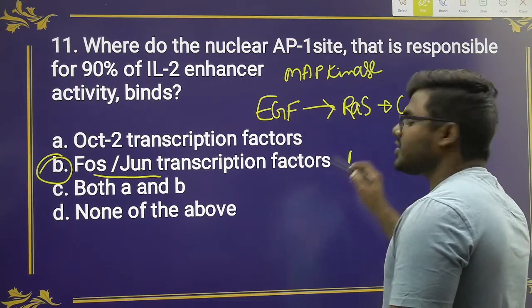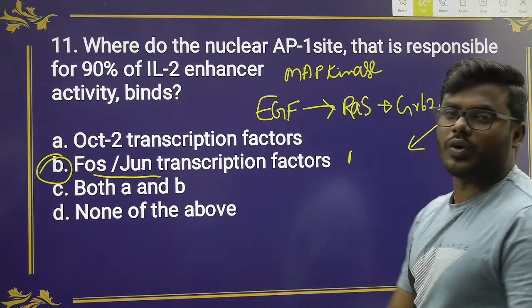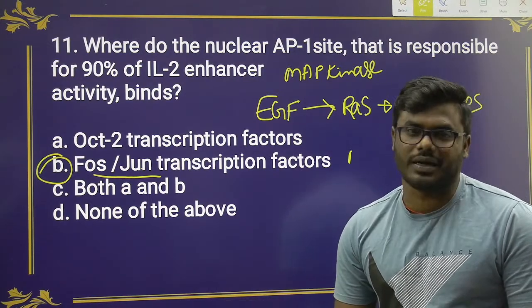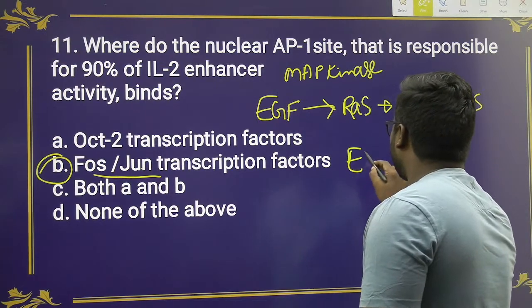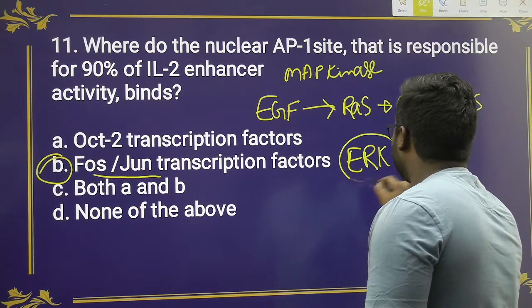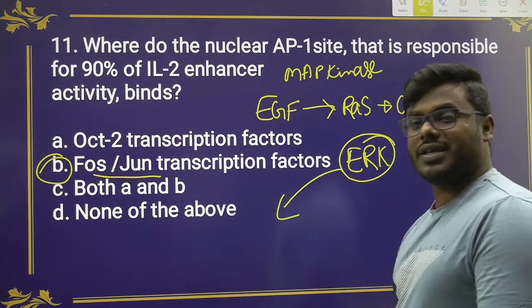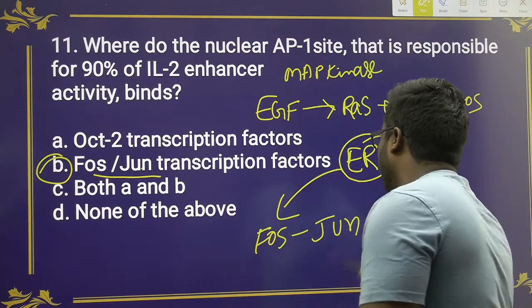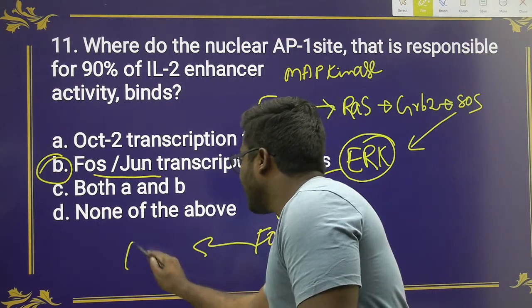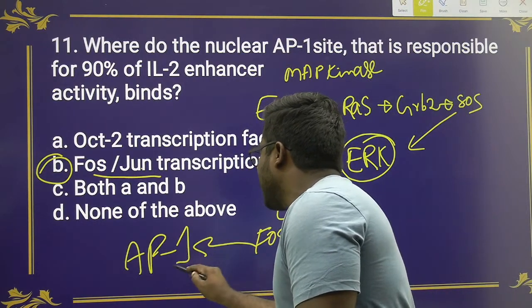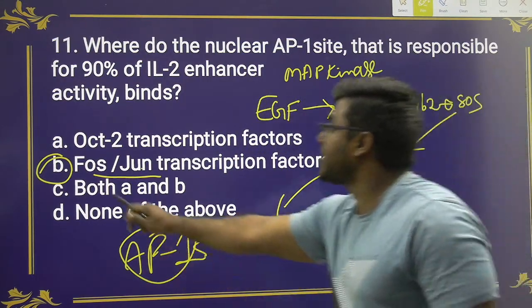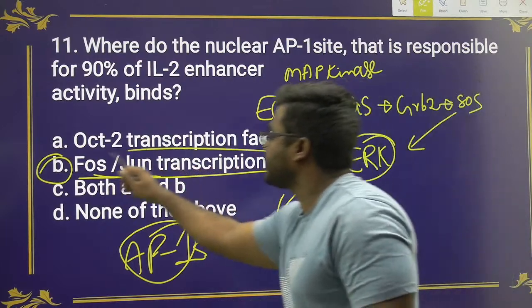There is an activation of different kinds of proteins: RAS, RAF, MEK, ERK. Finally, ERK, which is a kinase, enters the nucleus and activates the two transcription factors, Fos and Jun. Now this Fos and Jun will come and associate with which gene? AP1 gene. We read it already, right? Hence the correct answer will be what? B. Very simple.